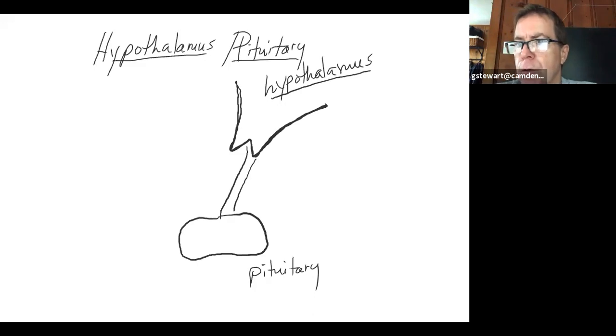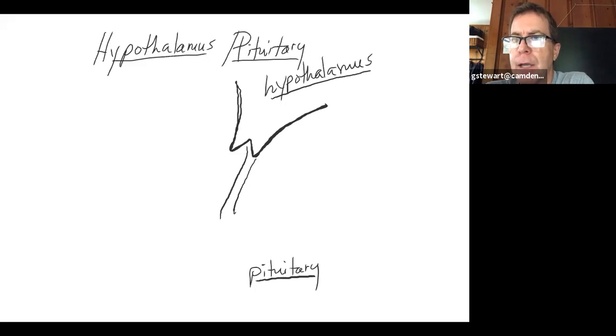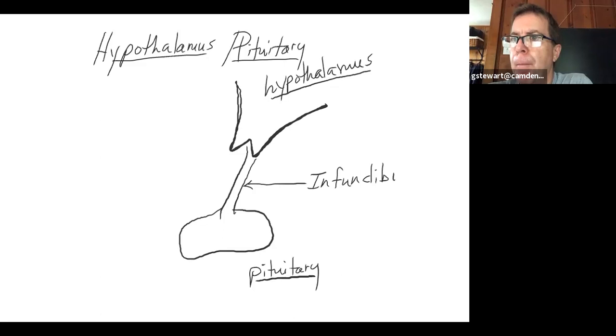It also controls what happens here at the pituitary gland. This stalk of tissue, I need to erase this little piece because it's not going to sit well with how I want to describe this relationship. This stalk of tissue that the pituitary hangs from the hypothalamus is called the infundibulum.